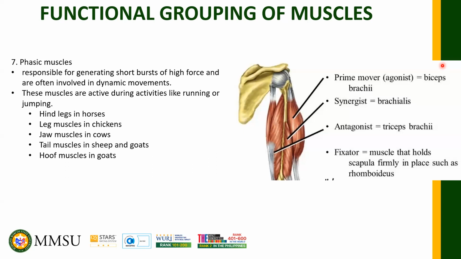It's because of these phasic leg muscles. They help the chicken engage in a brief or quick movement, but full of force. Because if you look, they flap their wings, then they jump. So that is for the phasic leg muscles among the chicken.